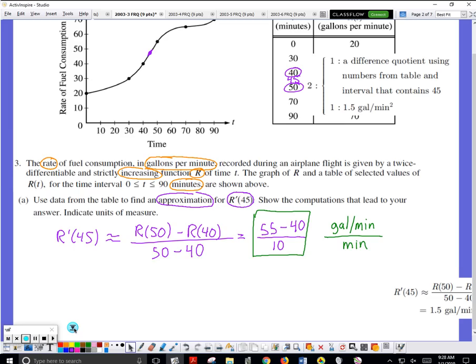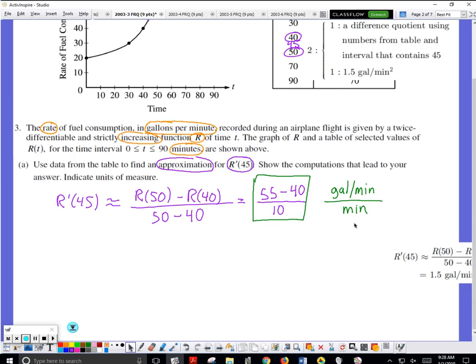So either way, this is correct, they'll give you full credit for it. What they did is they took gallons per minute and then divided by minutes. But dividing by minutes is the same as multiplying by 1 over minutes.